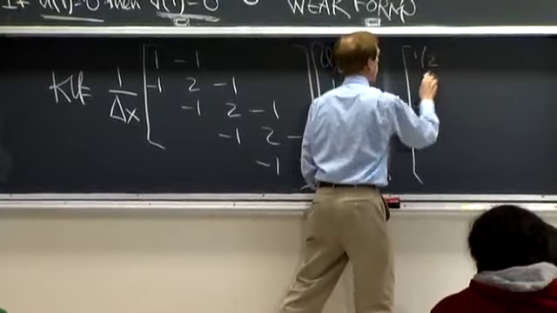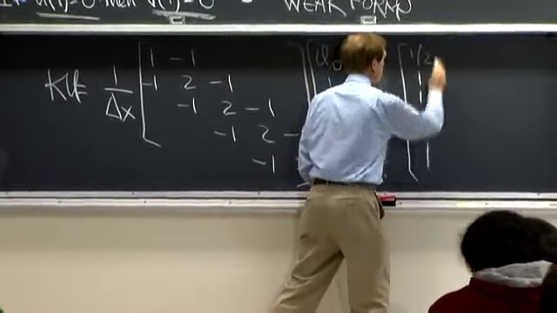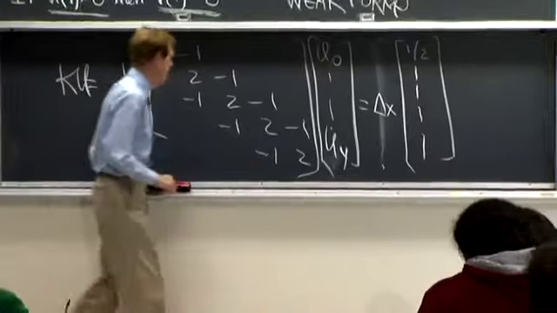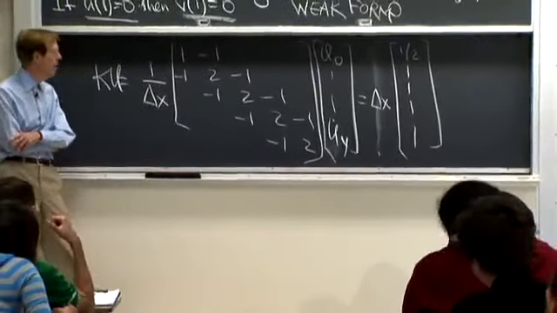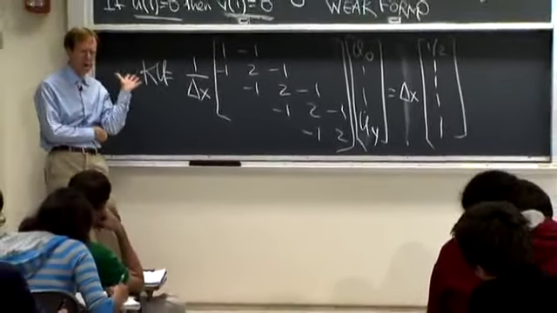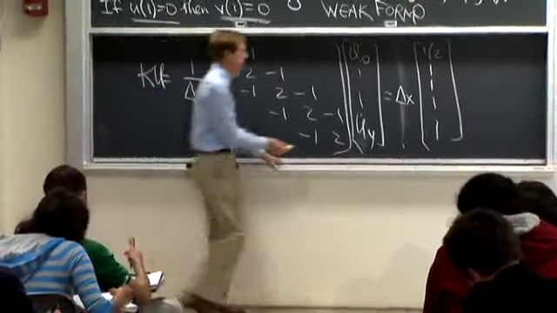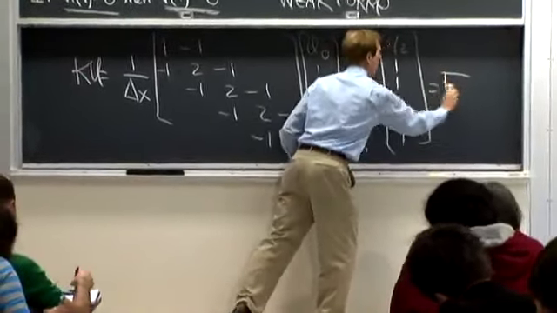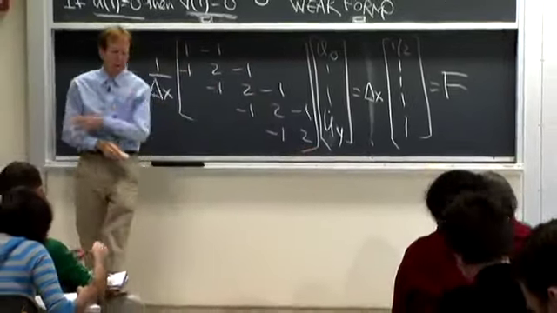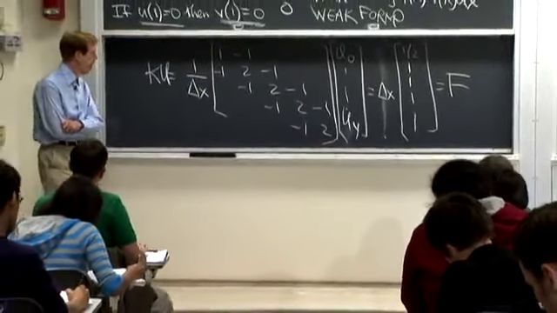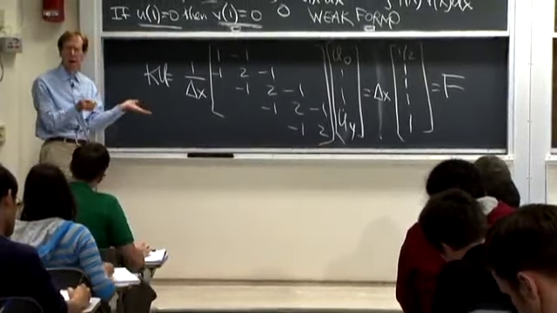Times a half, 1, 1, 1, and 1. That is the finite element system KU equal F, for this simple problem. It's exactly what finite differences did.